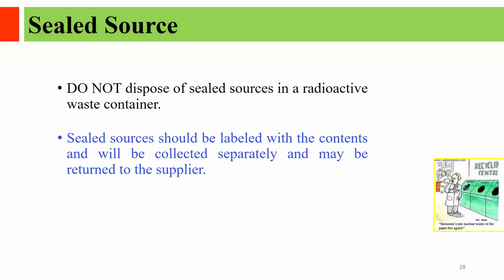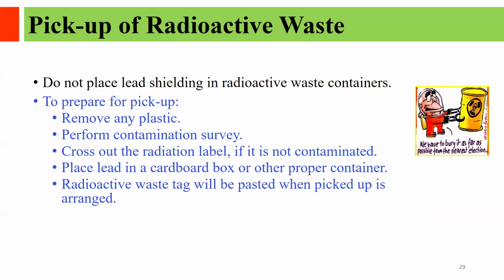Sealed sources should be labeled with the content and will be collected separately and may be returned to the supplier. This is the policy which has to be followed: whatever disused sources there are, they are supposed to go back to the country of origin from where they came.